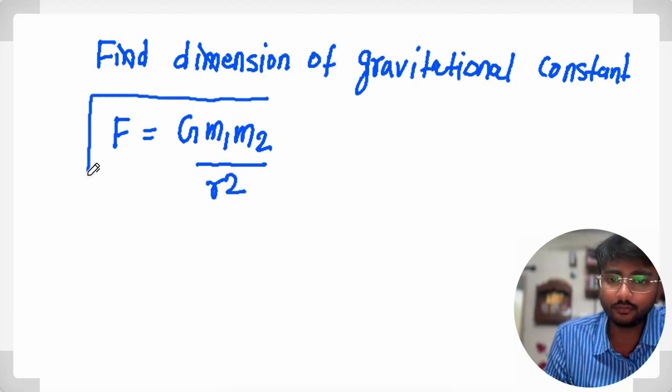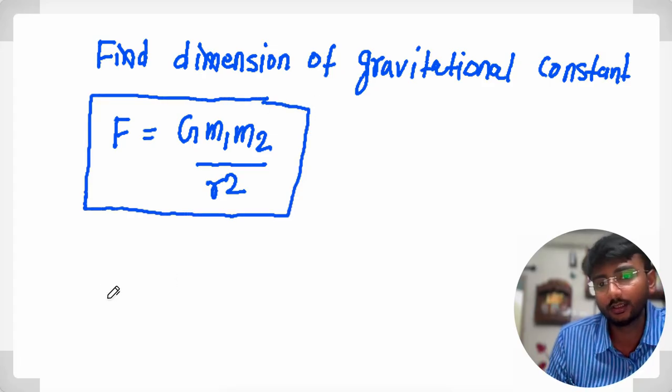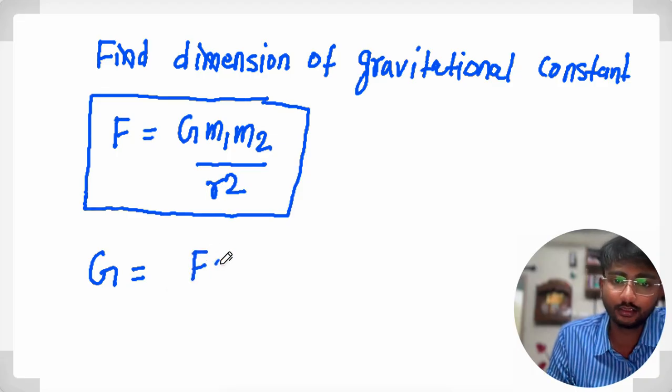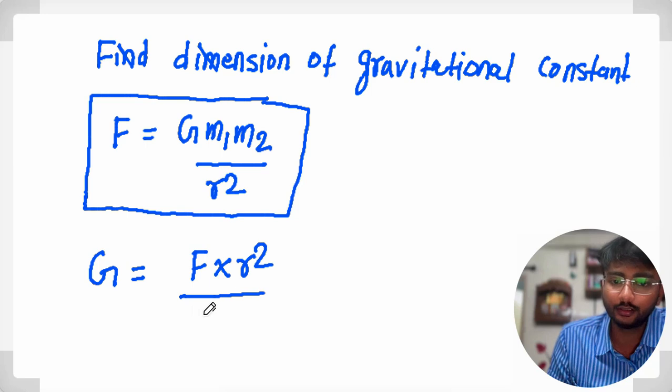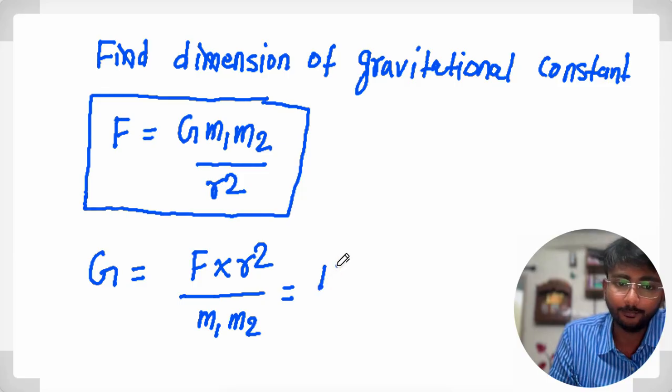This is the gravitational force between any two celestial bodies. So from here we can say that capital G, that is the gravitational constant, equals force into r square upon m1 into m2, right? So force is what?